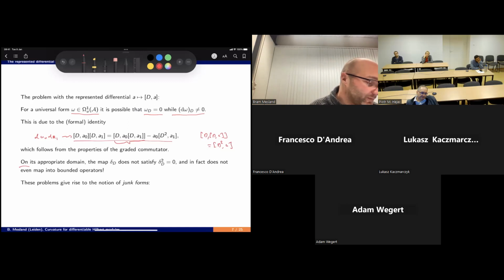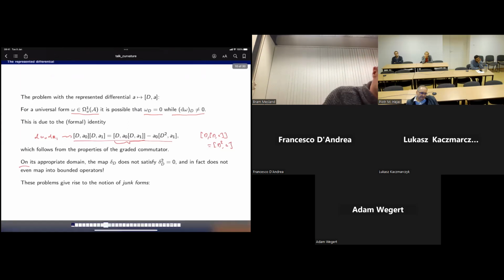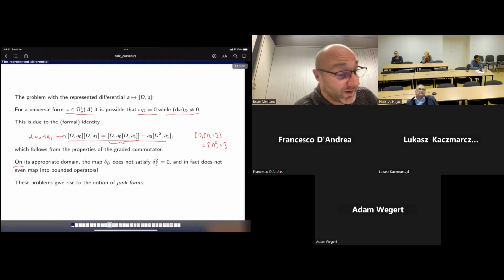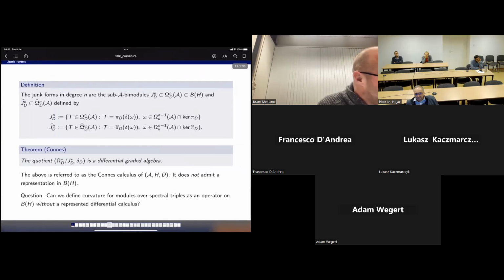So this shows you that there are a lot of problems with trying to just get some nice differential calculus from a spectral triple. It just doesn't work nicely. And this gives rise to the notion of junk forms, a term coined by Connes and sort of stuck.